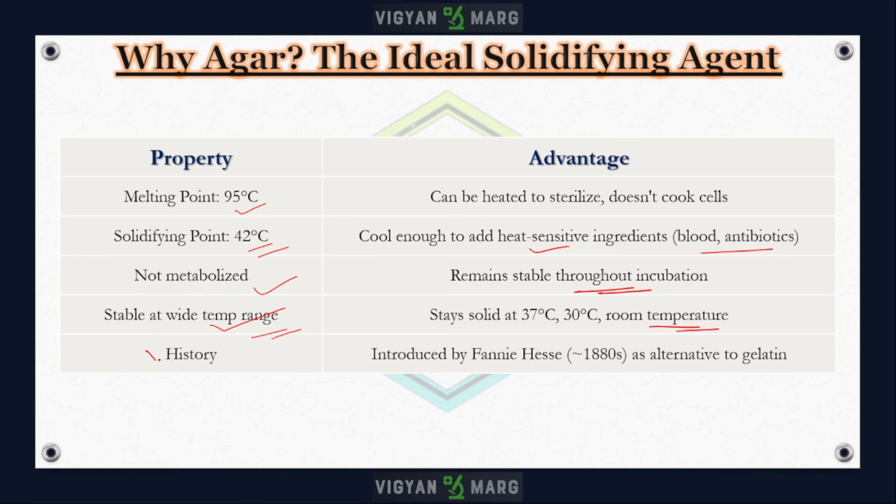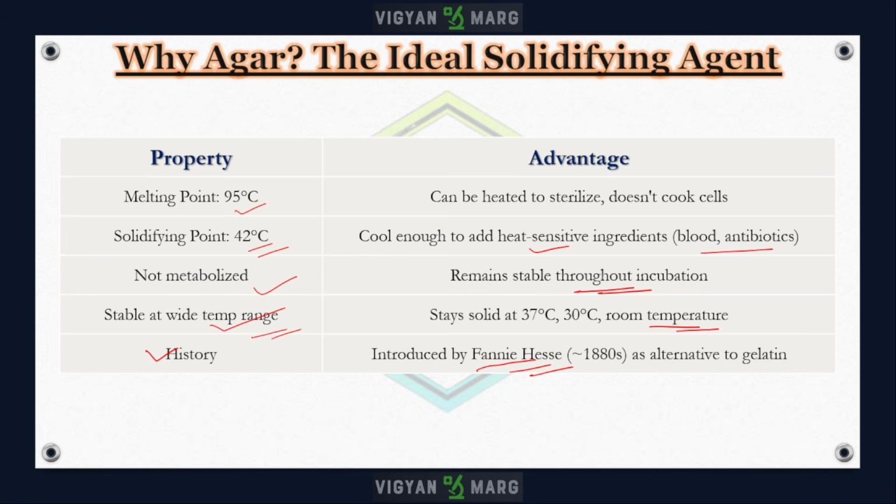If we talk about the history, agar was introduced into bacteriology in the late 19th century by Fanny Hesse. You need to remember this name, it may come in competitive exams. She suggested it as an alternative to gelatin in Robert Koch's lab.